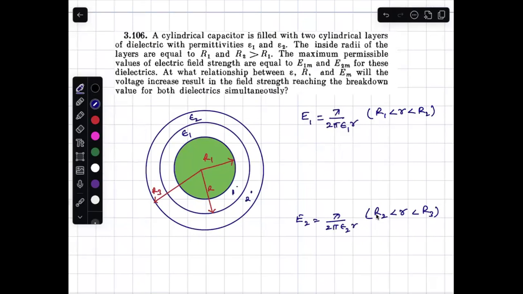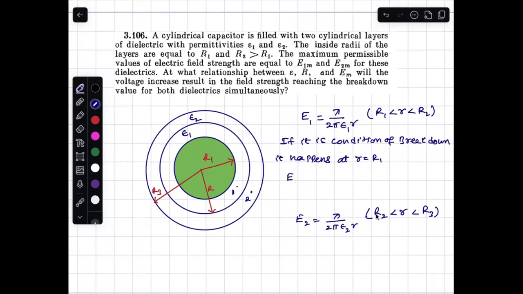Obviously at R1, if it is the condition of breakdown, it happens at R is equal to R1. Thereafter, what happens? That is a different story.